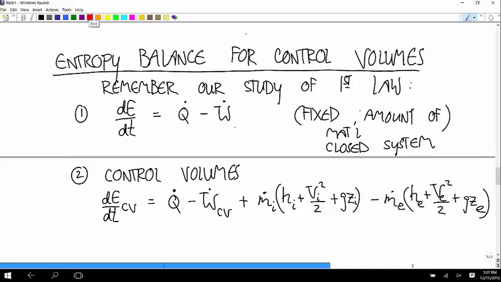And so what we had was basically our old equation. These are the three terms from the closed system.